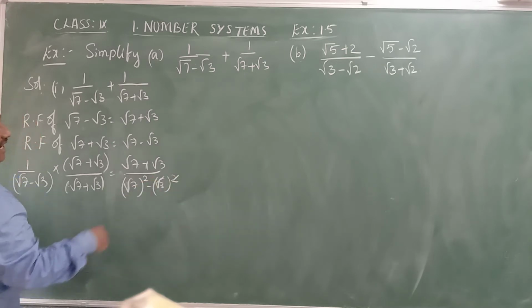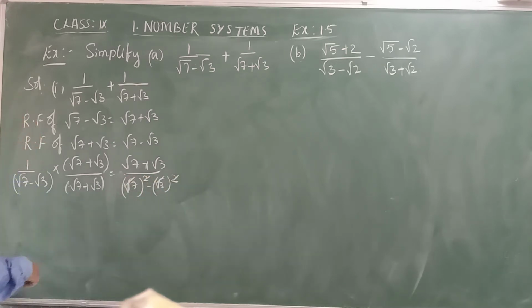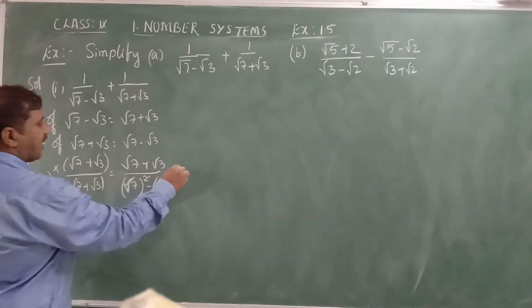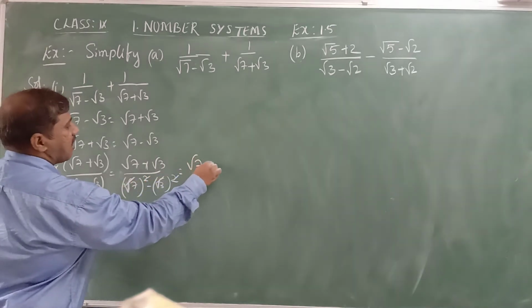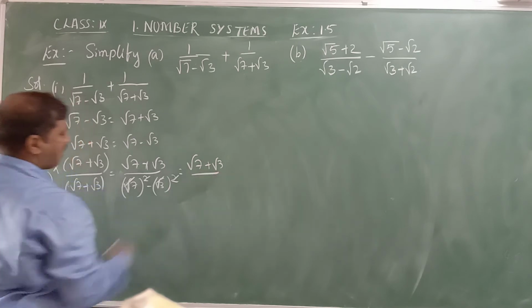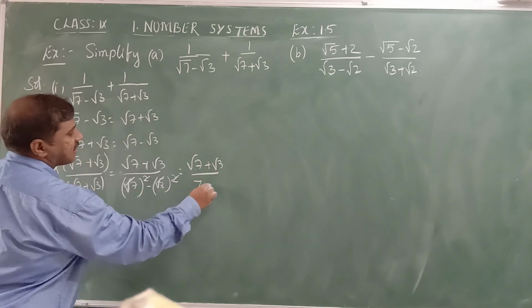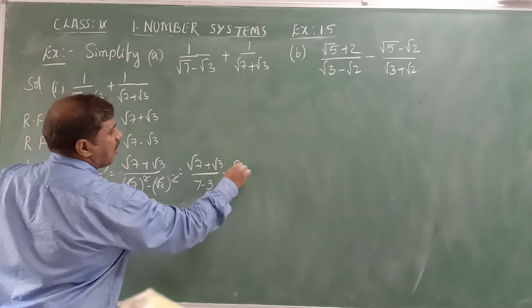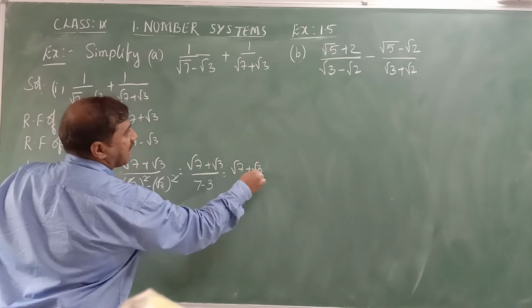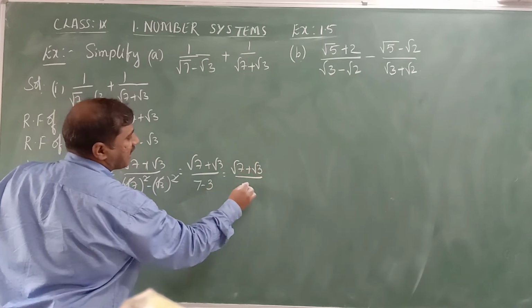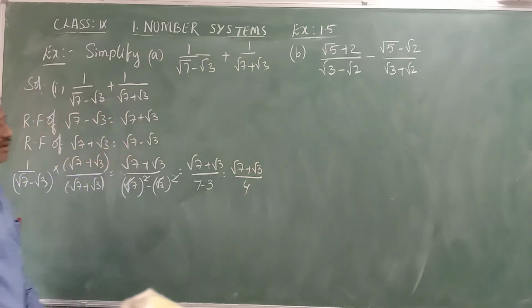Square and square root are cancelled. Now we get root 7 plus root 3 divided by 7 minus 3, which is 4. Root 7 plus root 3 by 4 is the result.